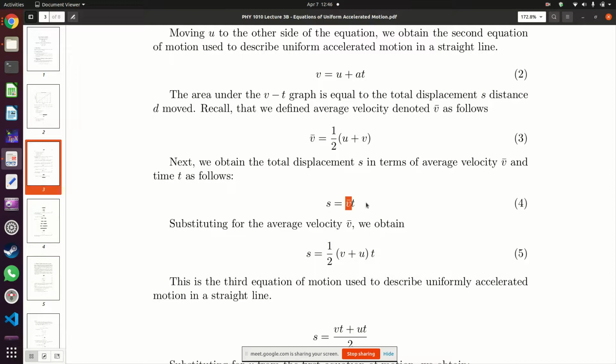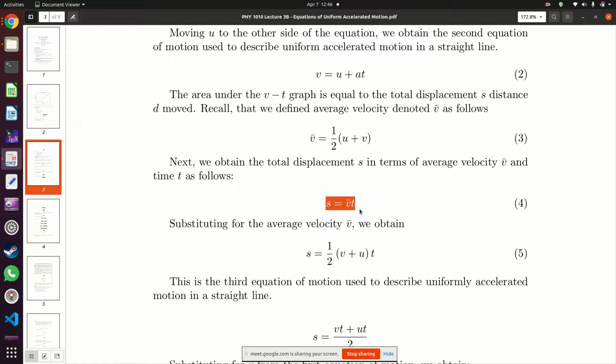So this is just another way of doing it. The two expressions are the same. Remember, average velocity is equal to the total displacement covered divided by the time taken. So what we have just done here is make the displacement the subject of the formula.